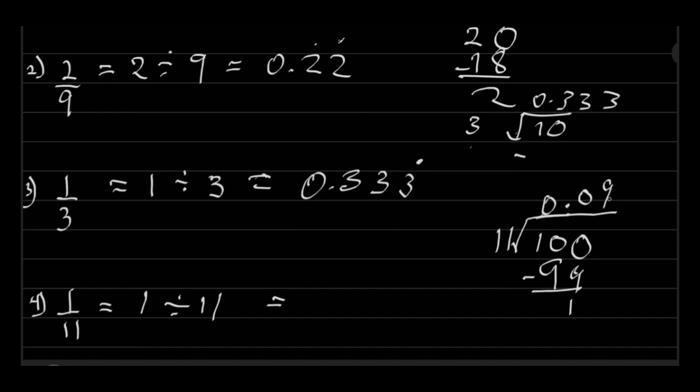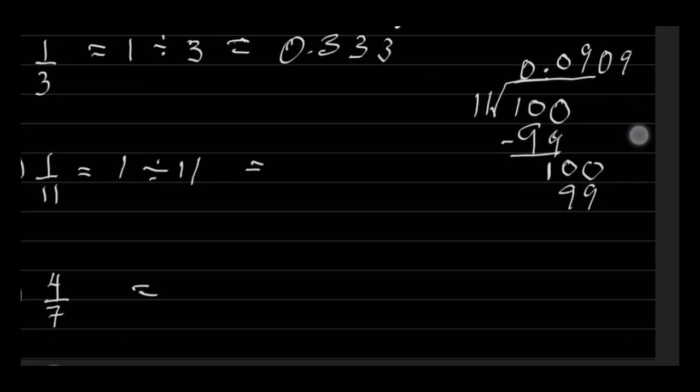Okay, so now we have 1 here. 11 going into 1 will still not be possible, so we'll have to introduce a 0. Still not possible, then we have to introduce another 0 again. Because we're introducing a second 0, we must bring in one more 0 here. Then we ask ourselves, how many times will 11 go into 100? That will still be 9 times. 9 times 11 is 99.